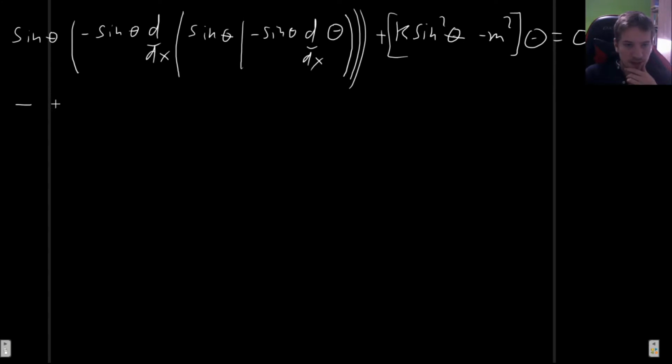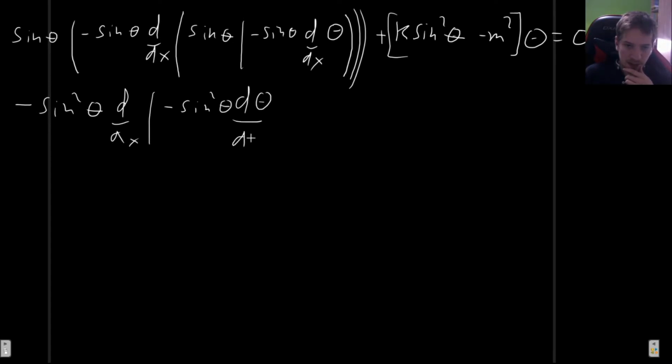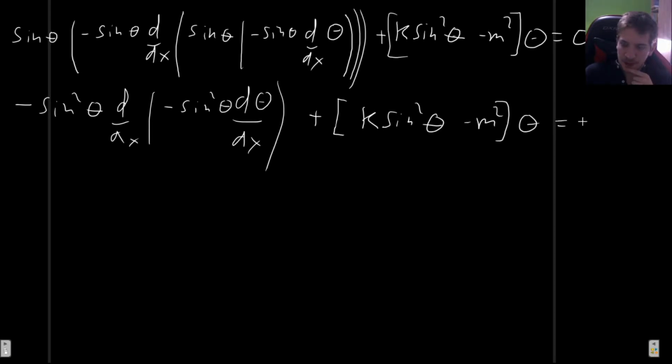So we get minus sine squared theta d by dx of minus sine squared theta d big theta dx, and then we have plus k sine squared theta, nothing changed, equals 0. Okay, now we can take this minus sign that is in here and put it in front so that they cancel out. And what can we do next?